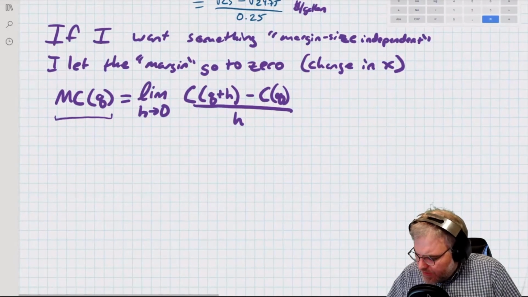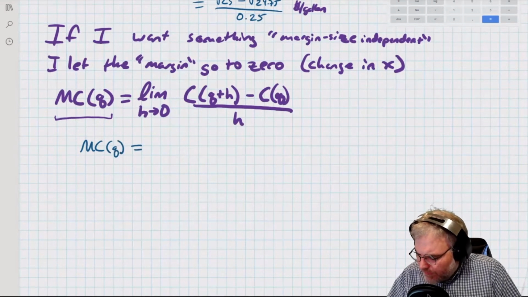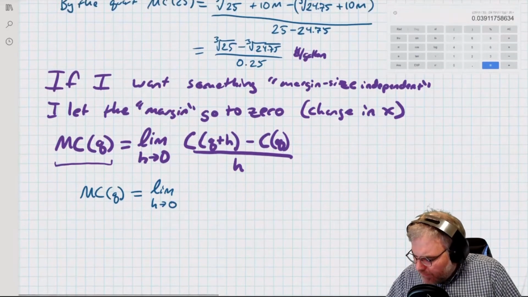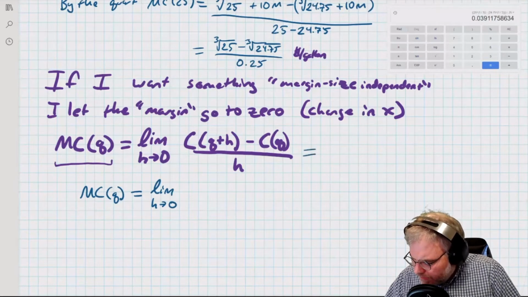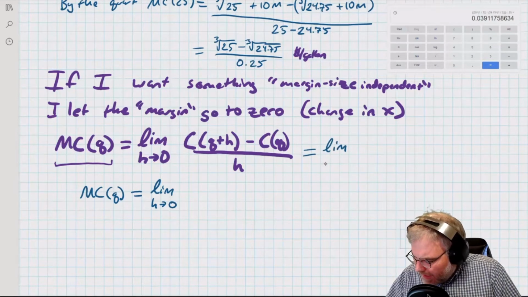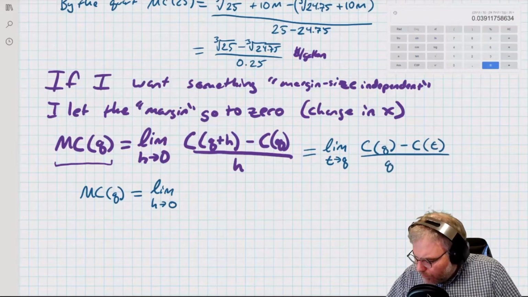If I use the formula here, I'm going to wind up with the marginal cost of Q for this particular one is the limit as h goes to 0 of cost of Q plus h. I could actually do this with another formula too. What was it? So this is the same as the limit as, we'll just say t goes to q, of c of q minus c of t all over q minus t.